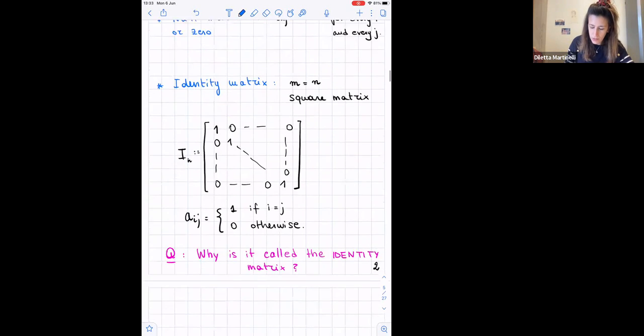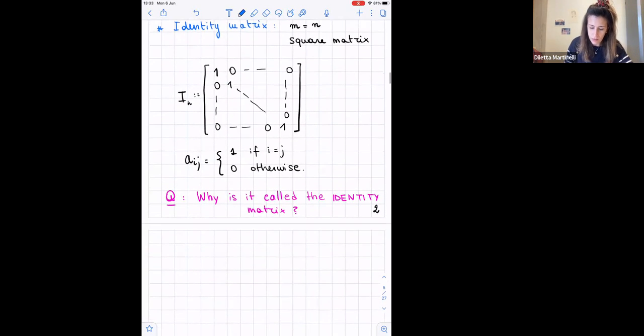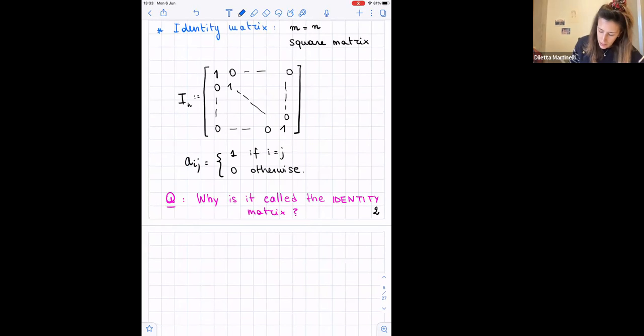But I think what you were suggesting is let's see what happens when we apply the identity matrix to a vector.